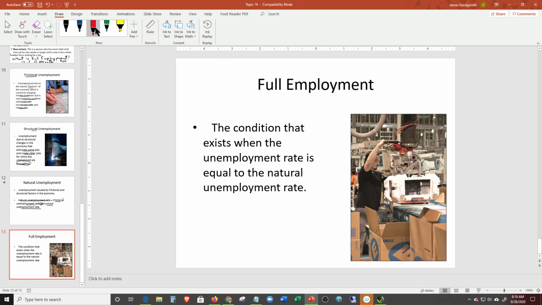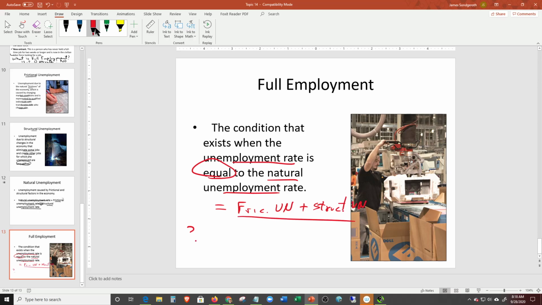Full employment exists when the unemployment rate is equal to the natural unemployment rate, which itself is equal to frictional unemployment plus structural unemployment.